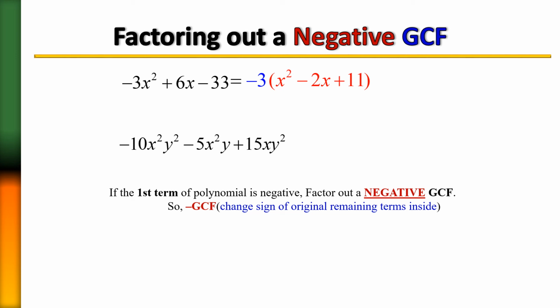And because it starts with a negative, I'm going to factor out a negative 5 as my GCF, along with an x and a y that all shared in common.